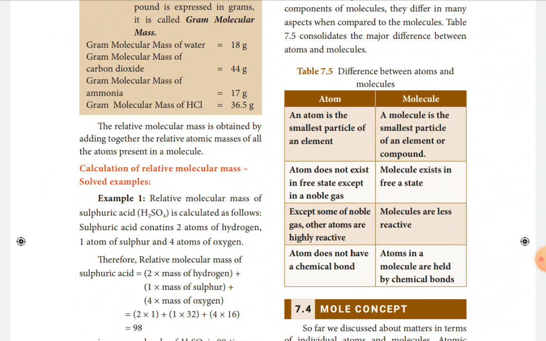A molecule is the smallest particle of an element or compound. An atom does not exist in free state except in a noble gas. A molecule exists in free state. Except some noble gases, other atoms are highly reactive. Molecules are less reactive. An atom does not have a chemical bond. A molecule is held by chemical bonds.